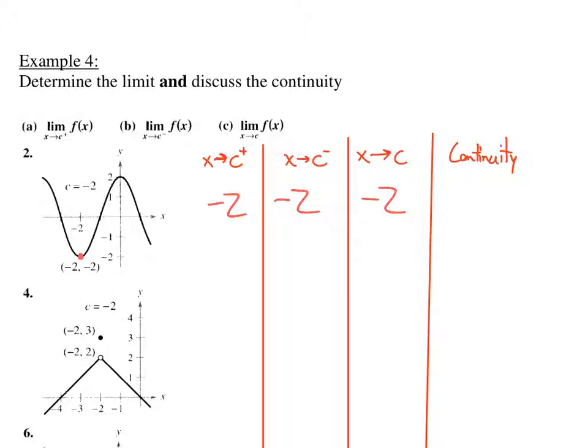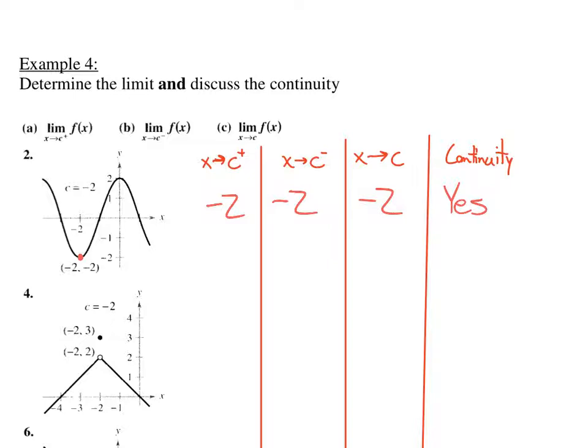Think back to the old definition of continuous, the real simple definition: any function you can draw without lifting up your pencil. That's kind of like the elementary school definition of continuous, and it's a good one. So it is continuous there. We're going to look at a rule later on, though, to explain why just by looking at our limits.